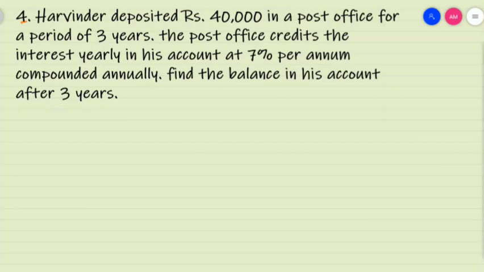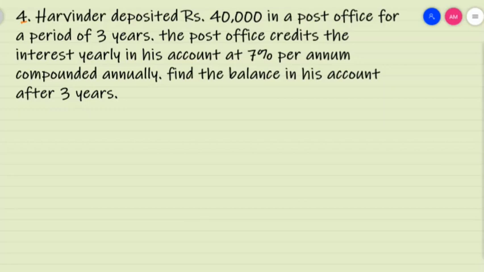In this way he is keeping his money in the post office for 3 years. Now we have to find out the balance in his account after 3 years. How much amount is there after 3 years? This we have to find out.